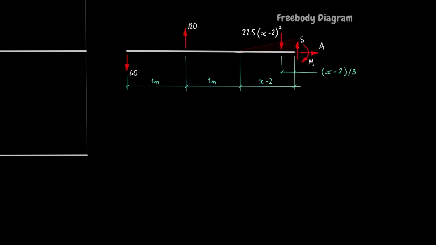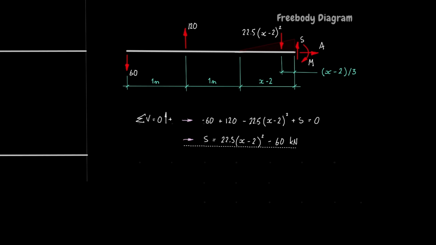Next, looking at the free body diagram, write down the equations of equilibrium for shear force and bending moment x meters from A. Shear force is S equals 22.5 times x minus 2 squared minus 60 kilonewtons.